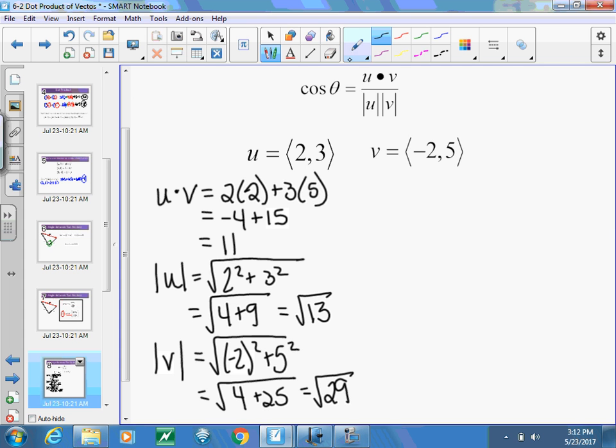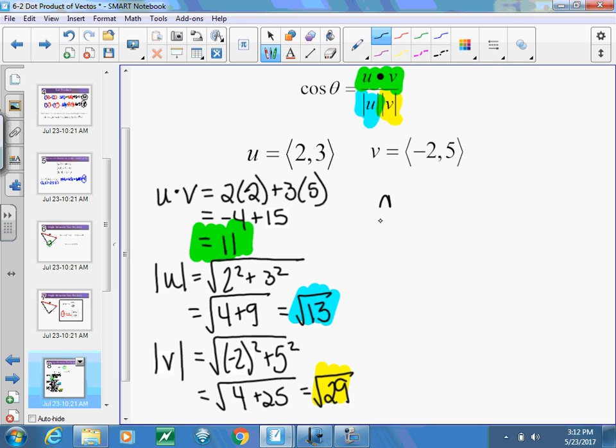So now what we're going to do is take these three parts. We're going to take the dot product of vector u and vector v, and we're going to divide that by the magnitudes of vector u and vector v.